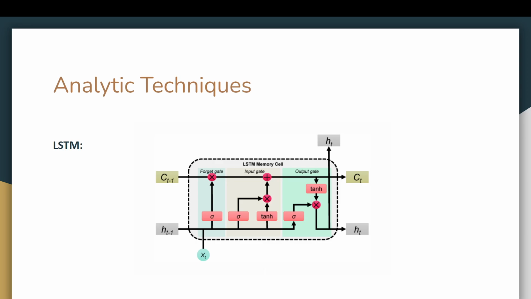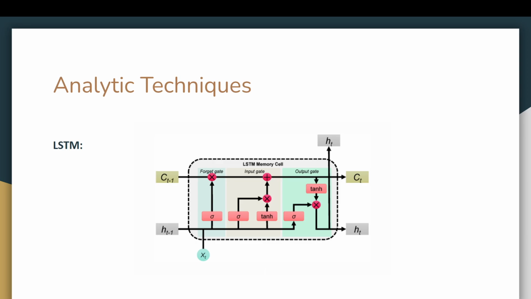Forget gate decides what information to discard from the cell's state. It uses a sigmoid activation function to output a value between 0 and 1, where 0 means completely forget and 1 means completely retain.